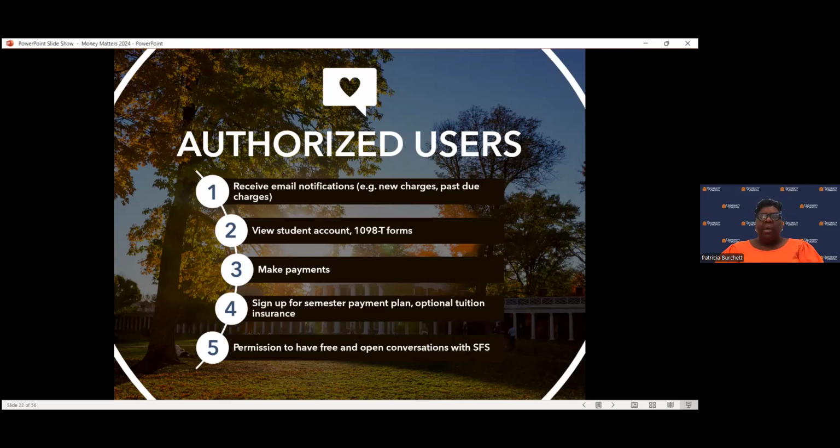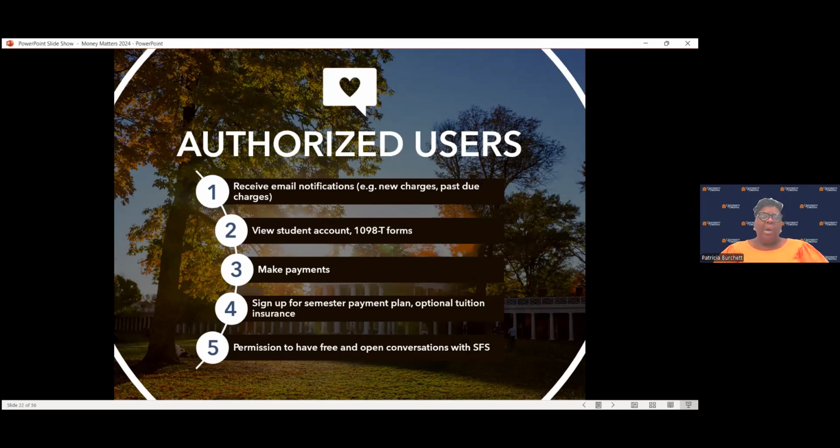However, if you are authorized and the student gives you permission, then you are able to talk to our office freely about anything concerning their student accounts, any charges, making payments, anything that's applicable to their payment plans, and all those kinds of issues. The student has to have you sign up for authorized user access through the UVA Pay portal.